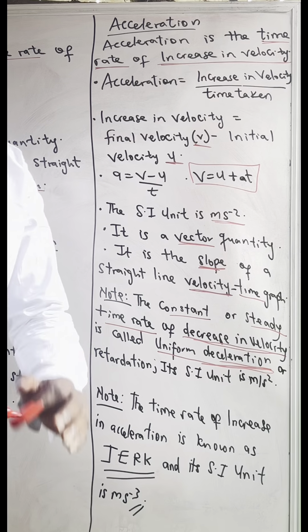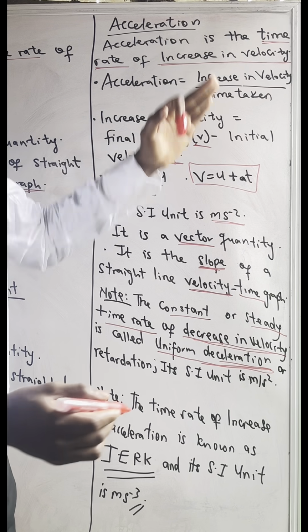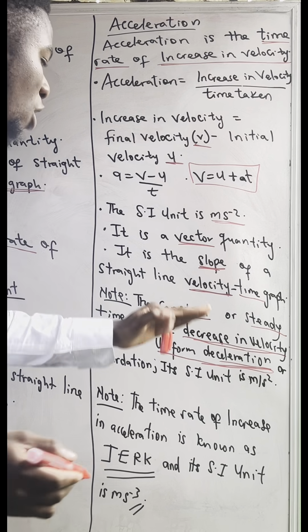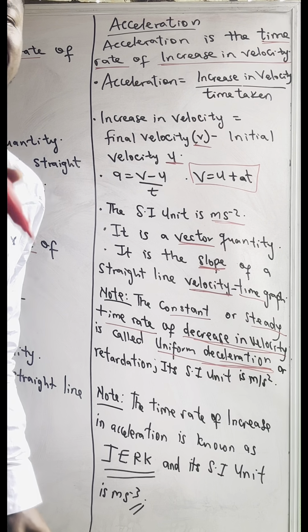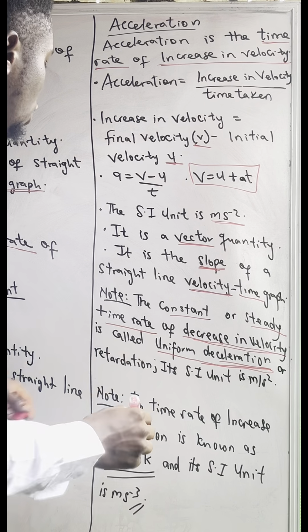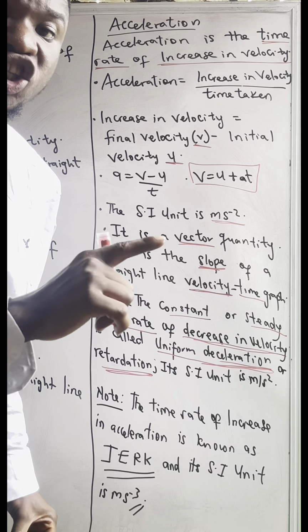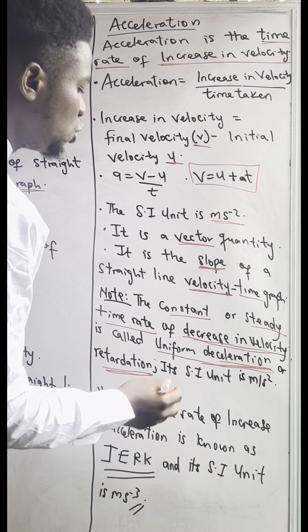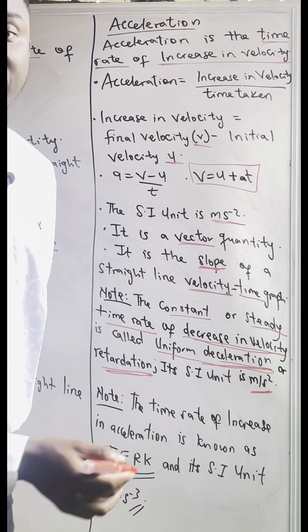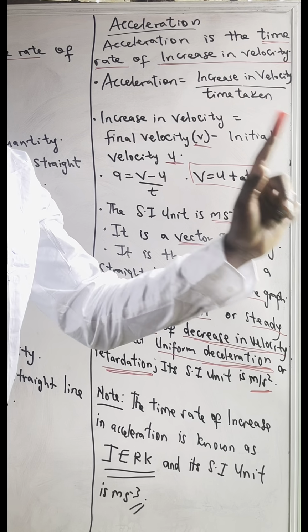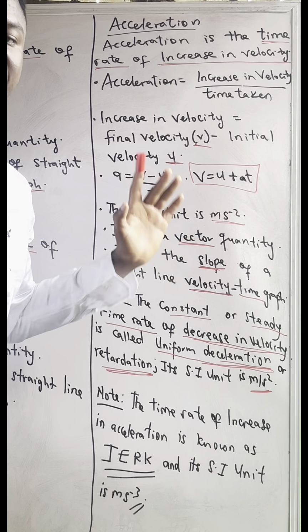So increase in velocity is acceleration, while decrease in velocity is deceleration. Another term we use for deceleration is retardation. Acceleration and deceleration have the same unit, meter per second square. Acceleration is positive, while deceleration is negative.